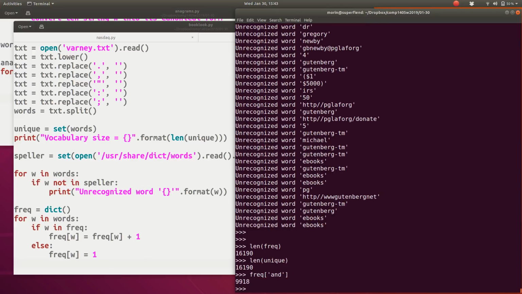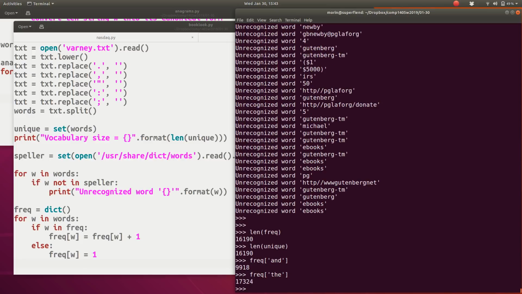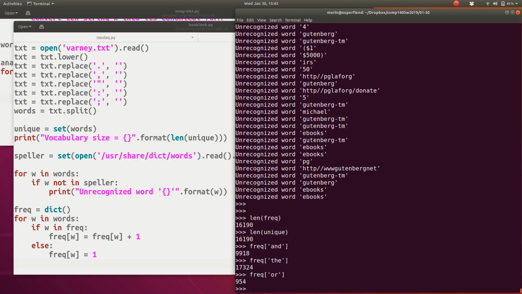And occurs 9,918 times in this book. What's even more common than and? The. 17,324 times. Or, 954 times. That's an incredible difference between and or, though logically they're very close.